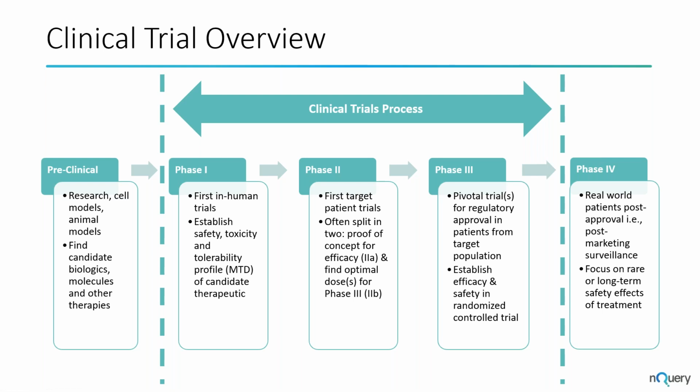And this is a study done in real patients focusing on long-term or very rare side effects that there may be concerns about. An example that people will be familiar with is the post-marketing surveillance on the COVID-19 vaccines. So now that we've gone through that, we can move on to our first topic of the day, which is phase 2 trials.